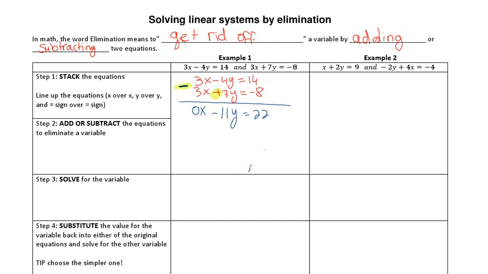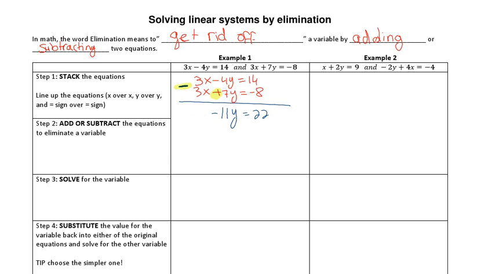So, you see what happened here? Technically, that 0x I do not have to include because it's a 0. The 0 doesn't have to be there. So I have only one letter left. And the process is called elimination. That means getting rid of one of the letters. And I already did.